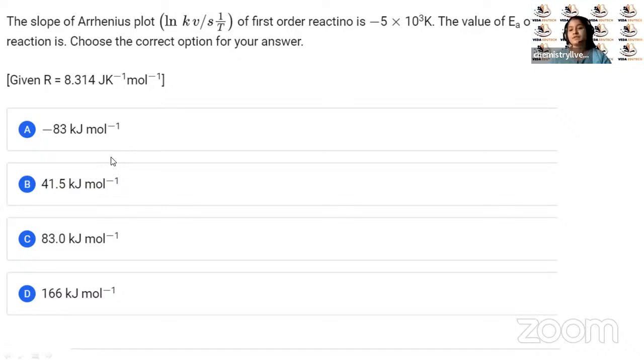Okay. So what happens, children? Something about Arrhenius is written here. Before that, let us read what exactly the Arrhenius equation is.